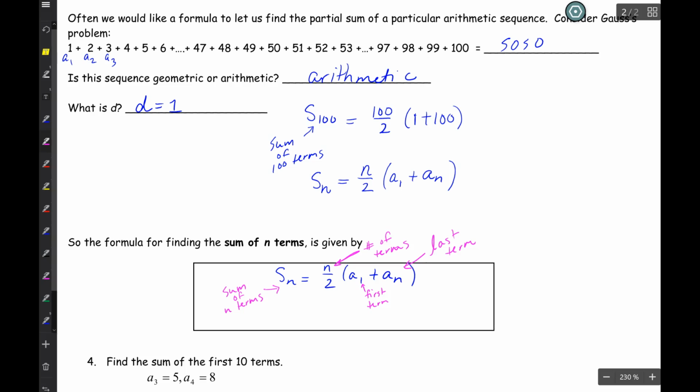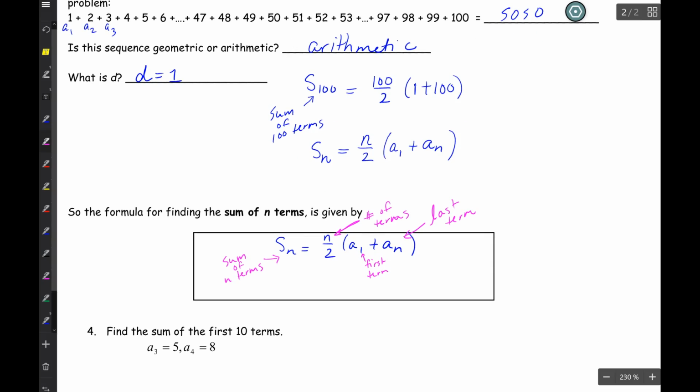Now, this is the best way to think of it, but we learned how to find any term. So one thing to be aware of is you could look at this by just replacing that formula in for a sub n.